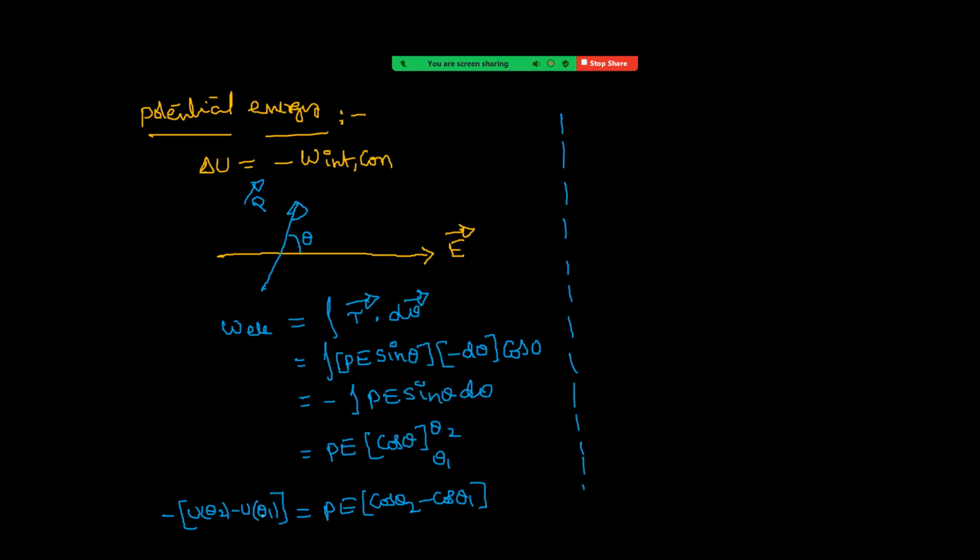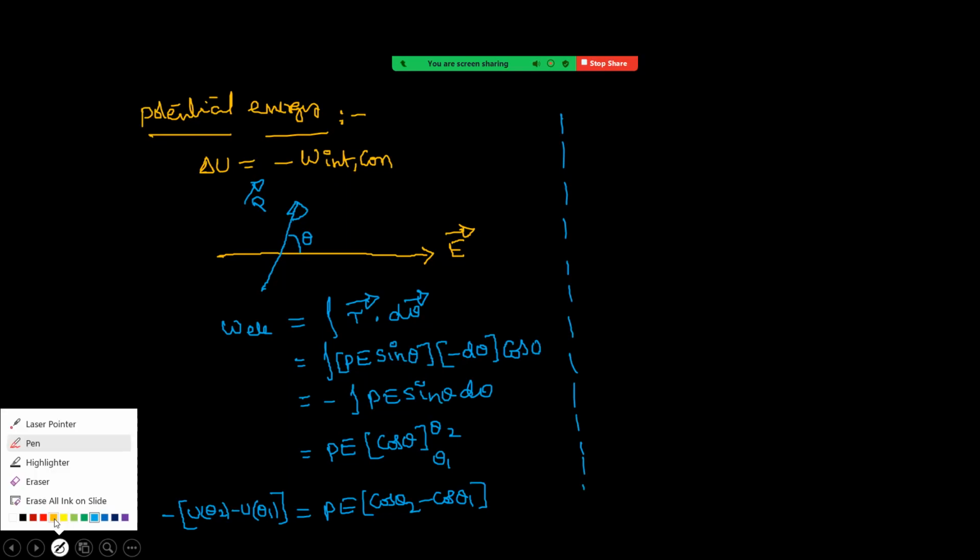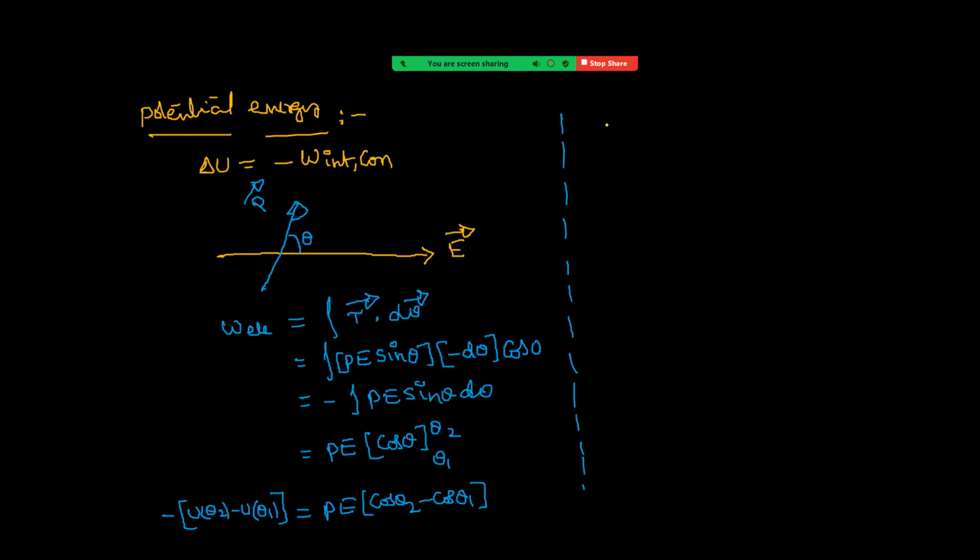Now what we are doing here is taking one assumption, one reference point: for this system, when theta equal to 90, potential energy is zero.